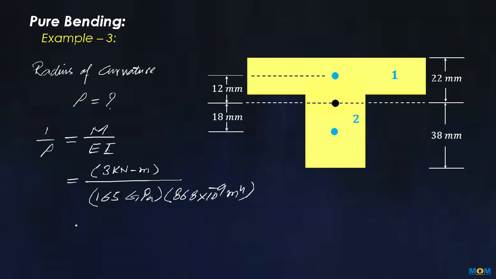Now after solving this, the value of the radius of curvature is 47.7 meters. So with this we end our discussion here.